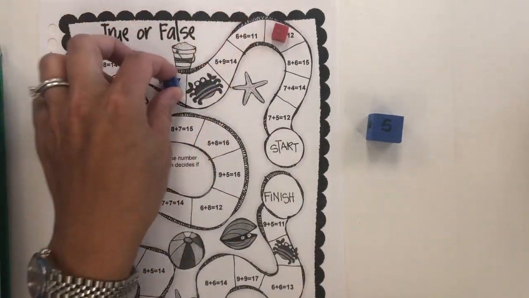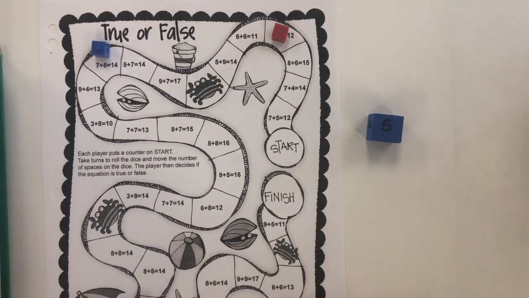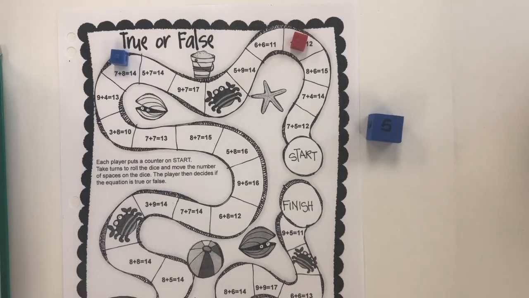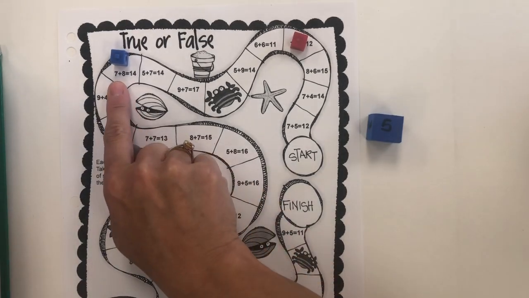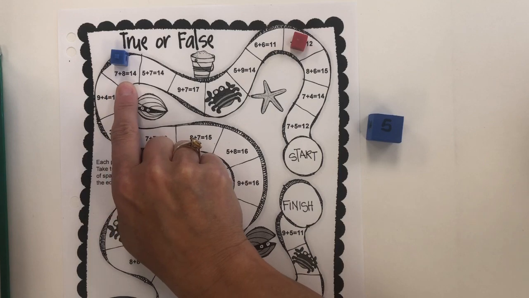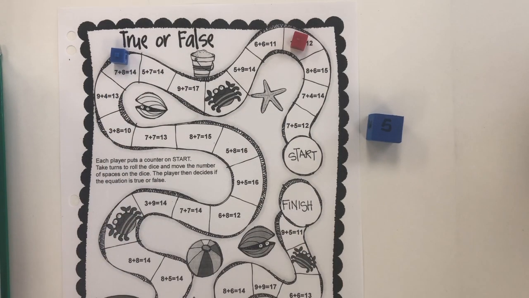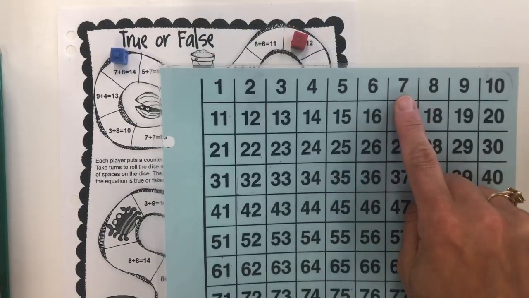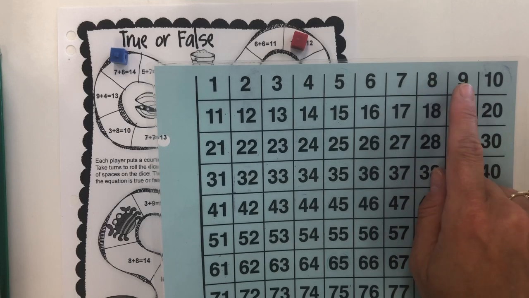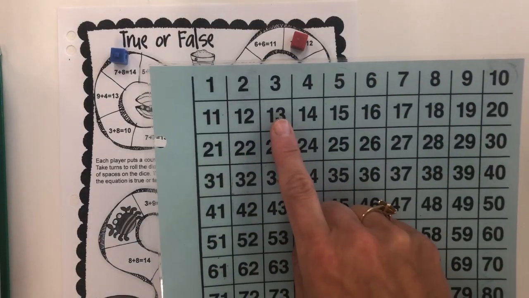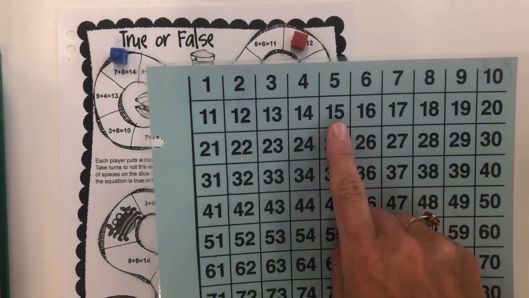1, 2, 3, 4, 5. 7 plus 8 equals 14. I think I'd like to use my 120 chart on this one to check. 7 plus 8. 1, 2, 3, 4, 5, 6, 7, 8.